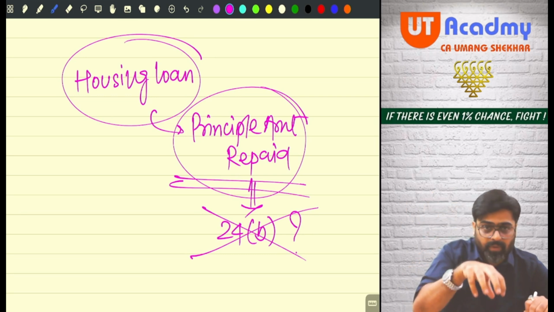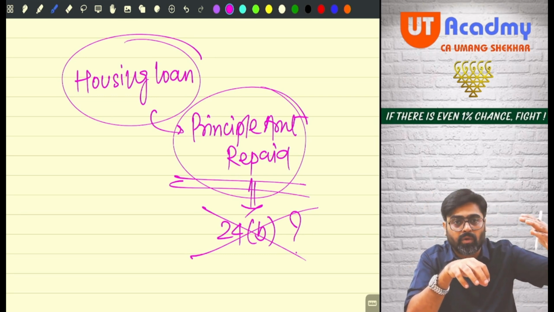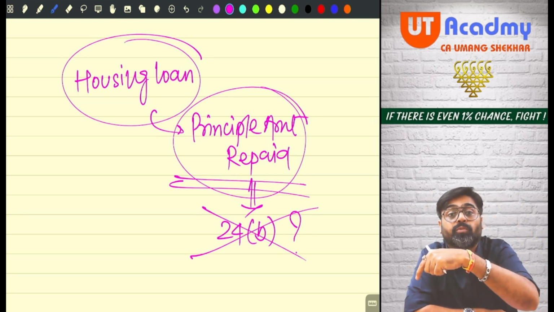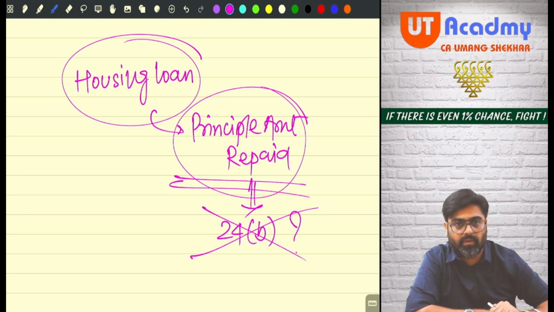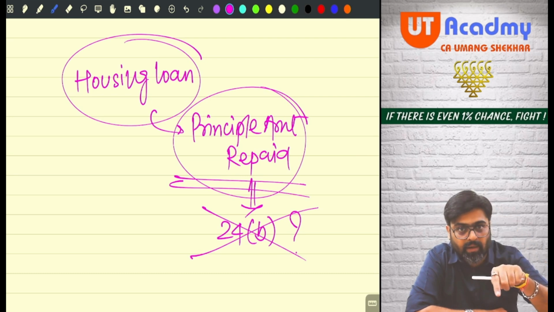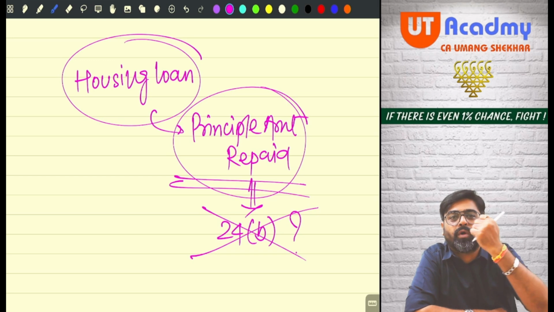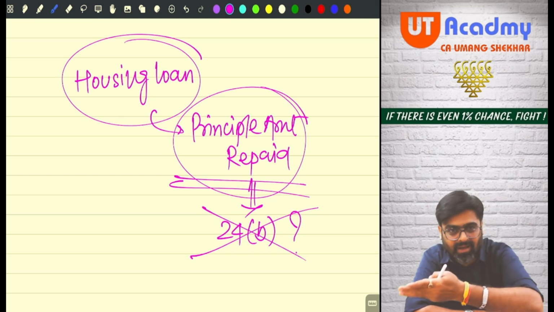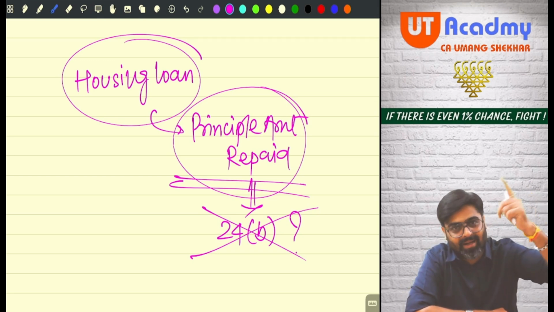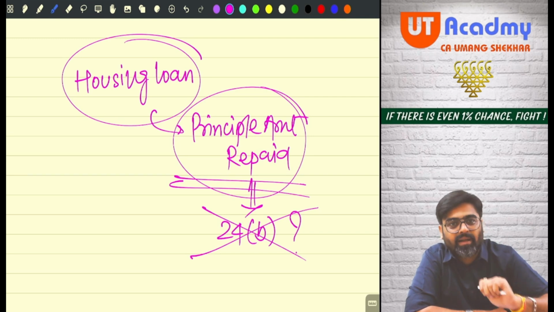And whatever principal component of loan is repaid, that is not allowable under the head house property under 24B. Getting my point? So while calculating house property head income, you are supposed to ignore this principal repayment because this is not going to be allowed as a deduction under your house property head. Only the interest is allowed. Yes or no? But wait.